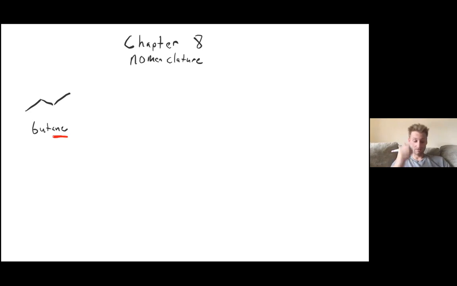When we switch to a double bond, this is going to go from being butane to butene, with an ENE. Similar to thinking that this is an alkane versus an alkene.